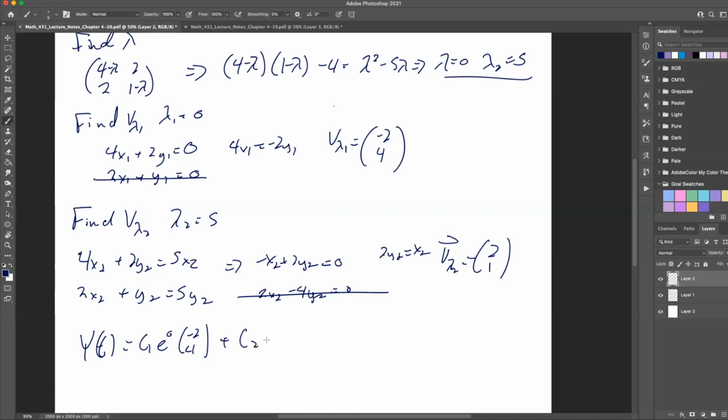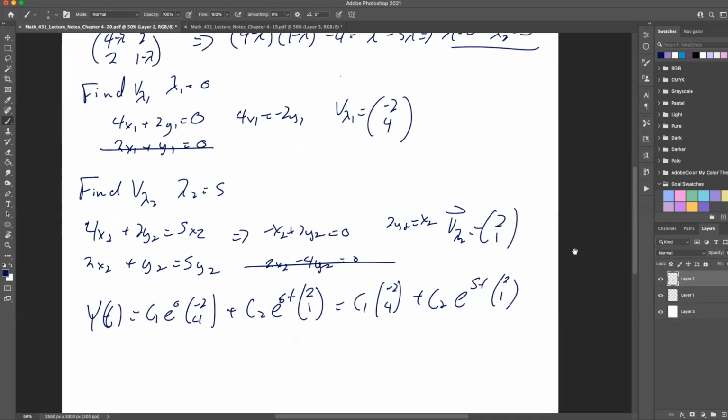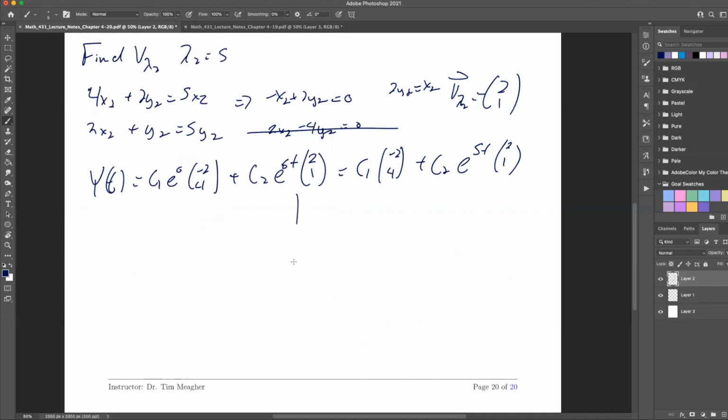Plus c2 e to the 5t times 2, 1. e to the 0t is just what? 1. So it's just c1 times negative 2, 4 plus c2 e to the 5t times 2, 1. So how do we draw this? The main point is, how do we draw this?